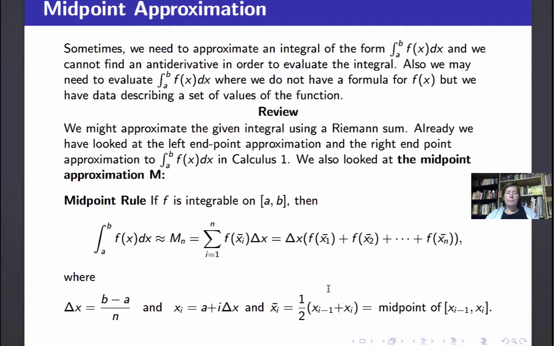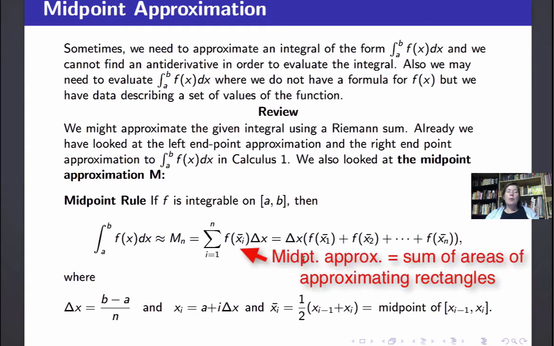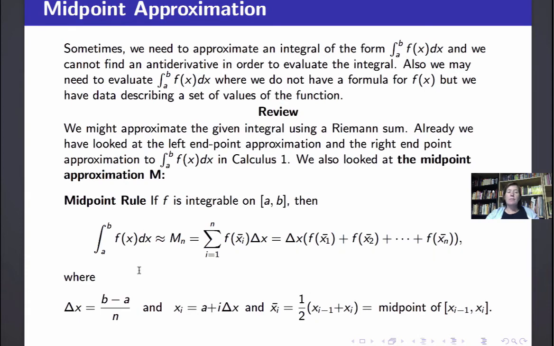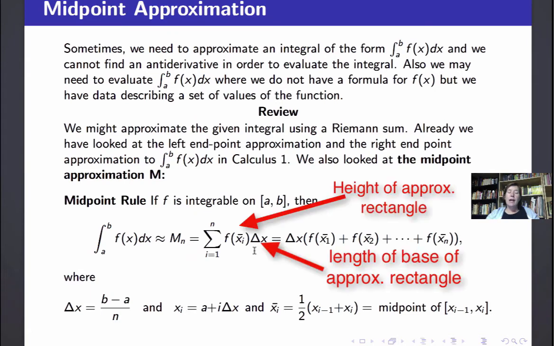and this we're going to denote by x1 bar. So our midpoint approximation to the definite integral from a to b of f of x dx with n approximating rectangles is going to be the sum of delta x times f of xi bar.